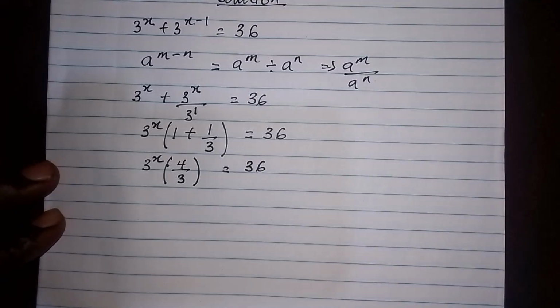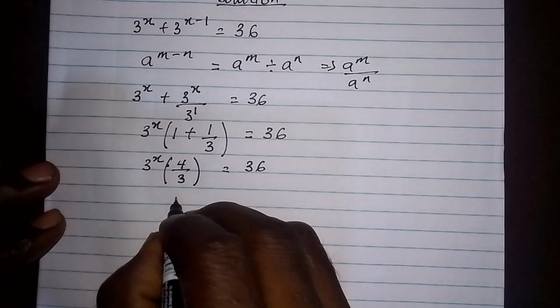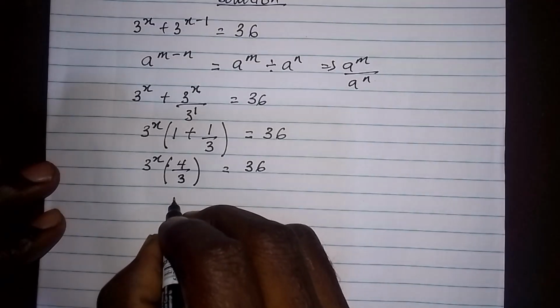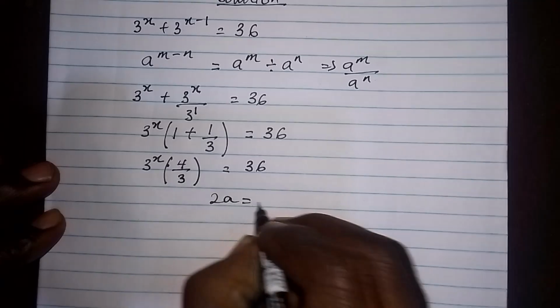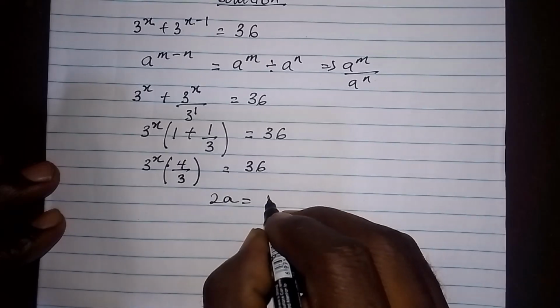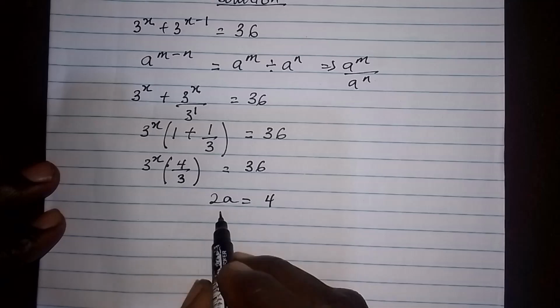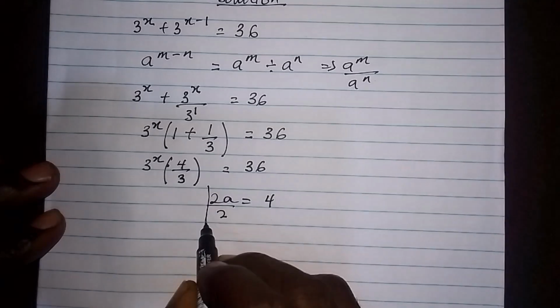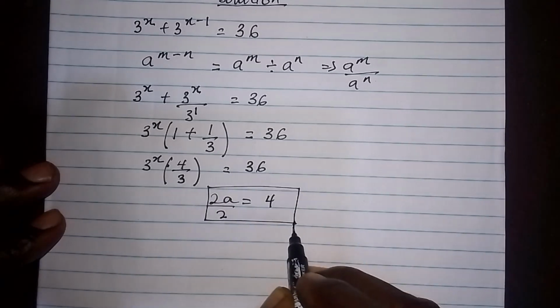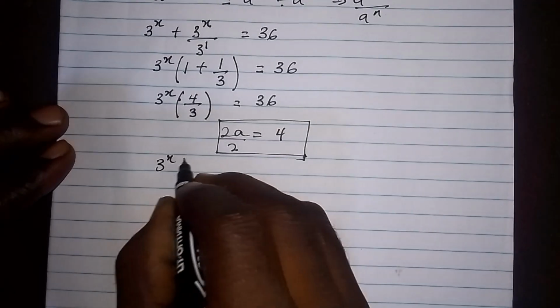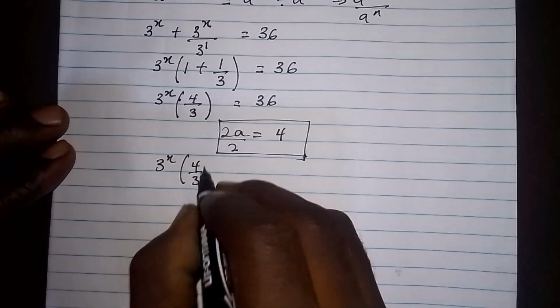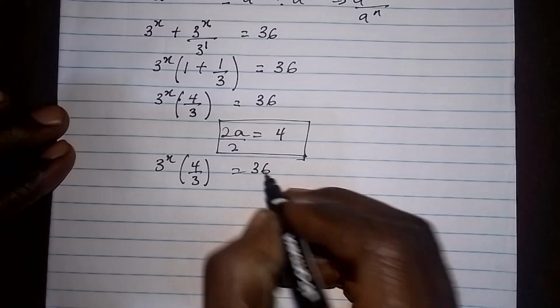From this, it is just like having a number, a coefficient and a variable. Maybe 2 raised to the power a is equal to a certain number 4. We want a, so we divide here by 2. That's what we have over here. So we have 3 raised to the power x, 4 over 3 equals 36.